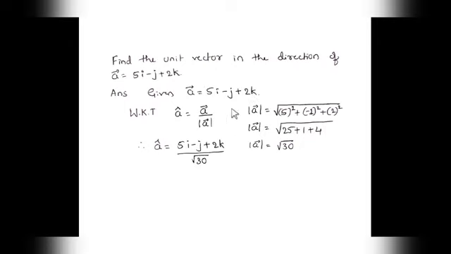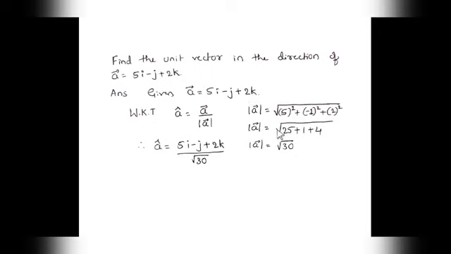I'll tell you. Magnitude of vector A equals under root of square of coefficient of i plus square of coefficient of j plus square of coefficient of k, that is 5 square plus minus 1 square plus 2 square.